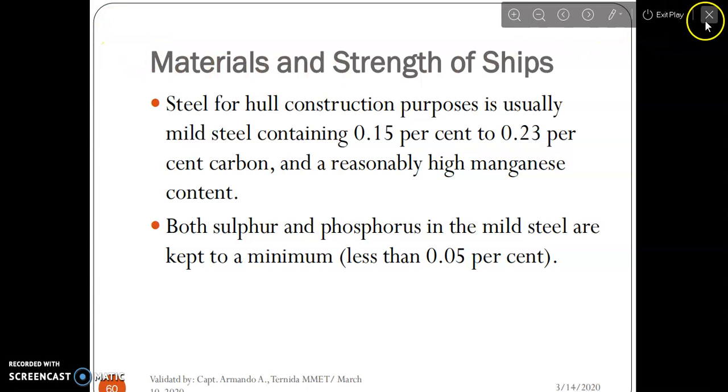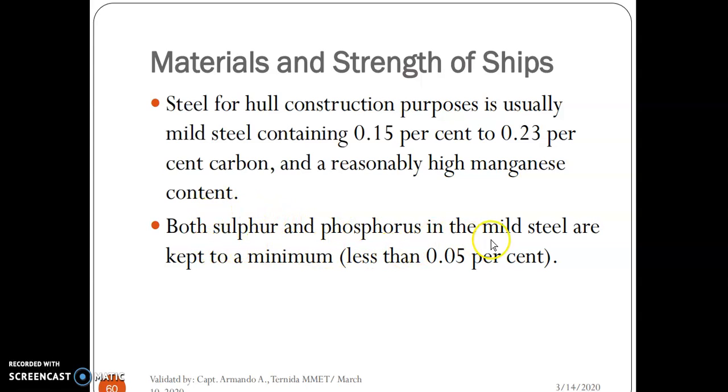So kapag mild, ibig sabihin ito ay may percentage na 0.15% up to 0.23% and the high manganese content.